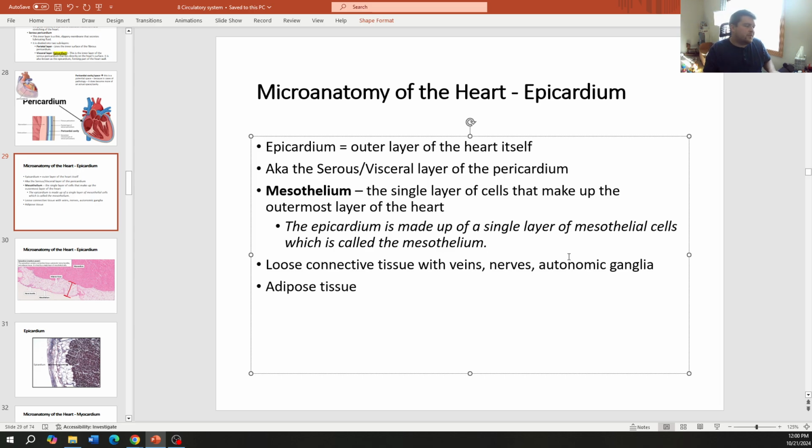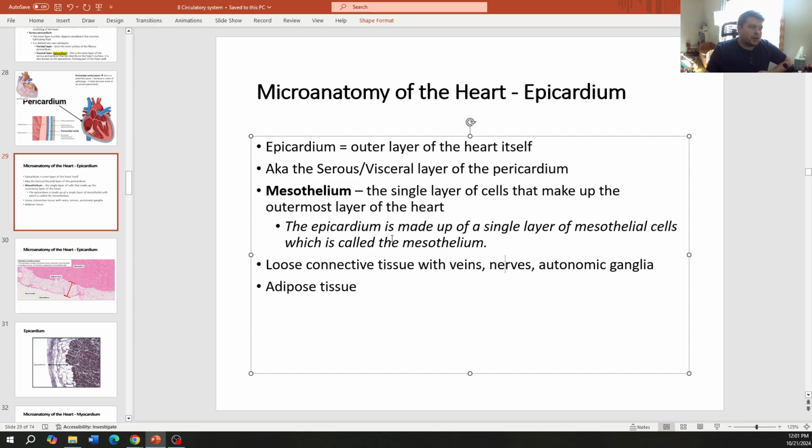It gets a little bit confusing where, again, you kind of throw in AKAs there. You can basically say the epicardium is the serous or visceral layer of the pericardium. You can also say that the epicardium is mesothelium, or you can say that the epicardium is a single layer of mesothelial cells. Okay? It's almost just like stacking a bunch of AKAs on top of each other. So if you hear any variation like that, they're talking about the epicardium.